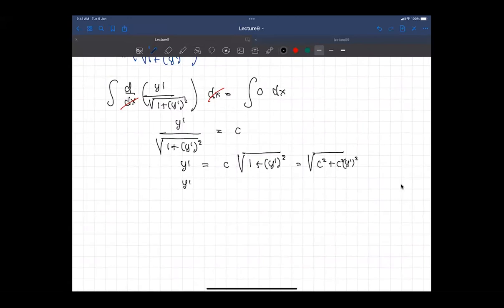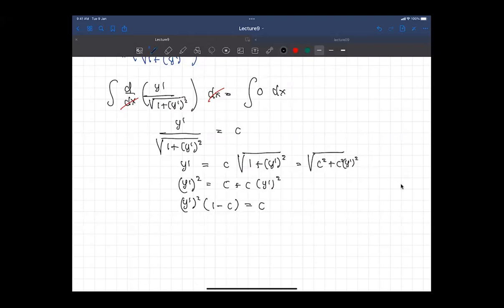And this one becomes y prime squared equal to c plus c y prime squared. Oh, c squared. Well, c squared is c, so let's remove this one because it's c anyway. So y prime squared times 1 minus c equals to c. Agree with me, this one, right?